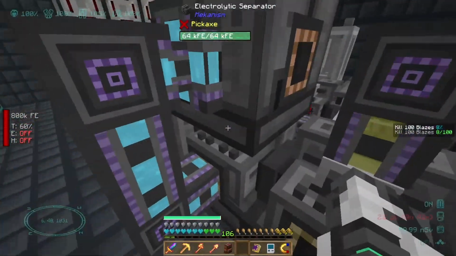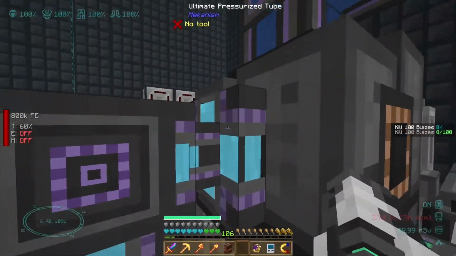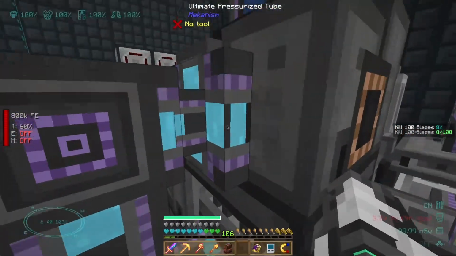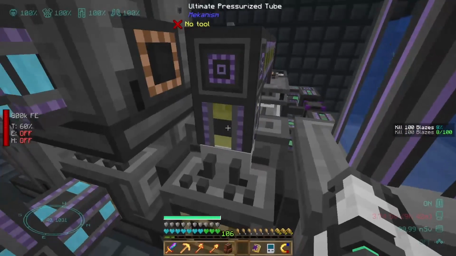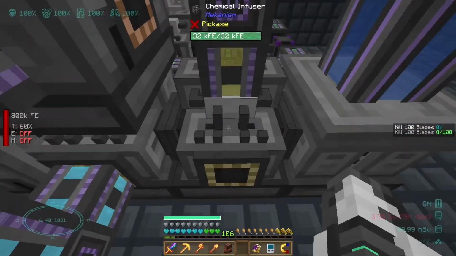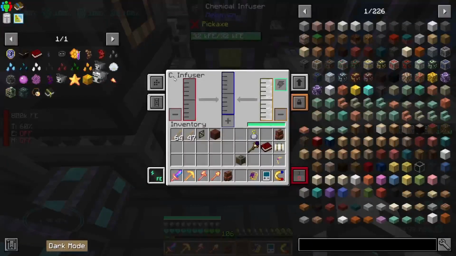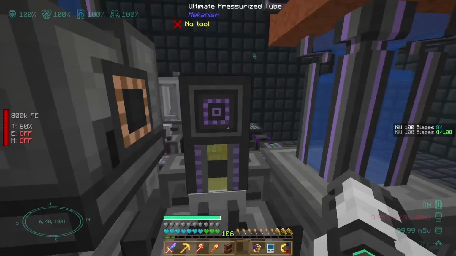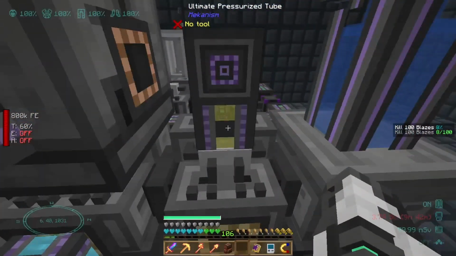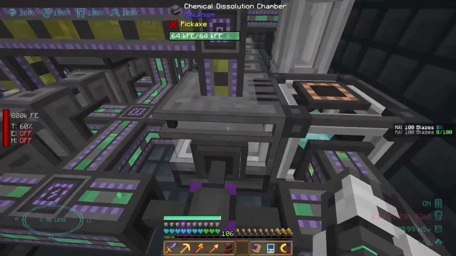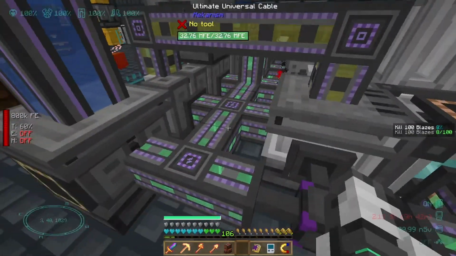Now, what you may notice here is that we have this specifically set to output, like it's polling. This one is not set to polling. It could be if you wanted it to, but what's happening is this chemical infuser has the side set up for output top, and it's pushing its output into the pressurized tube and outputting it over here with the chemical dissolution chamber.